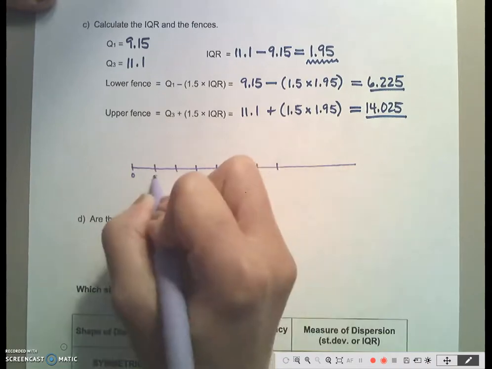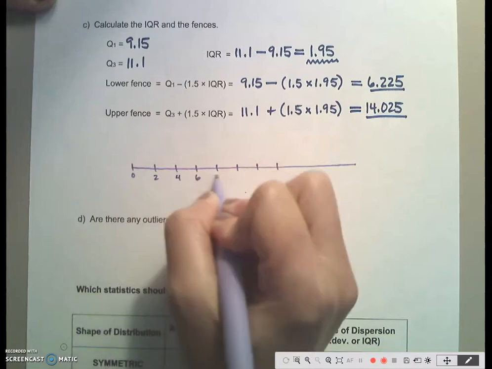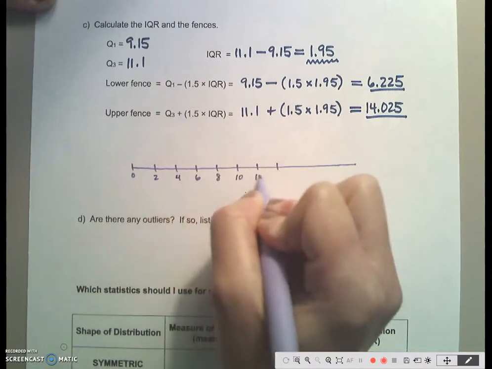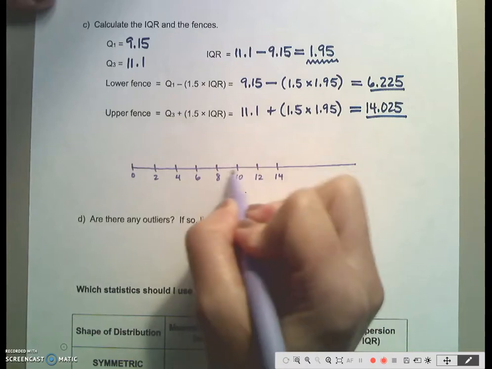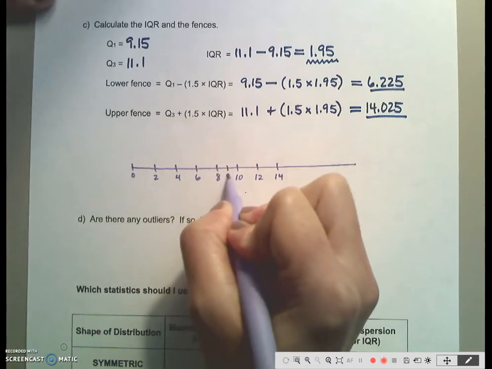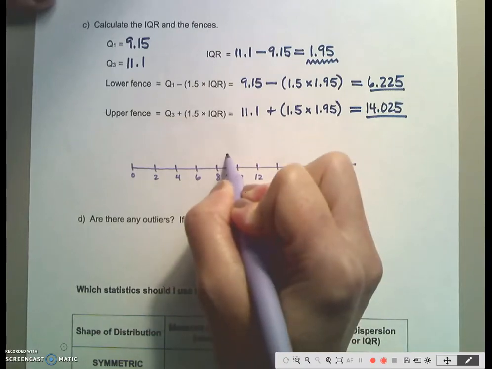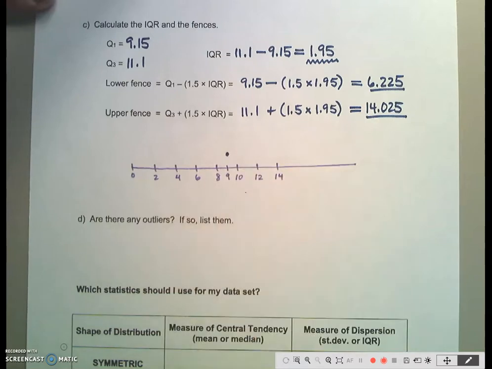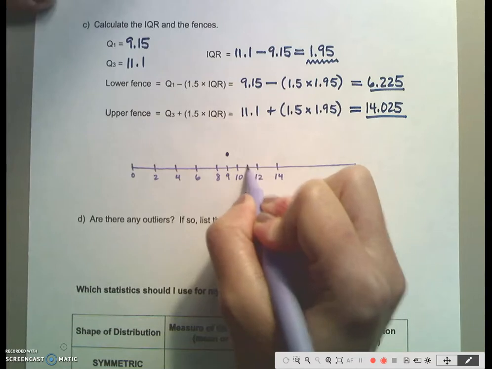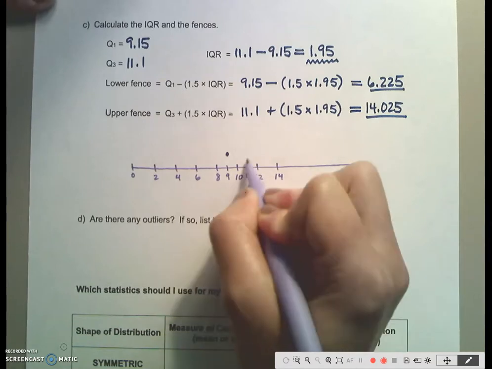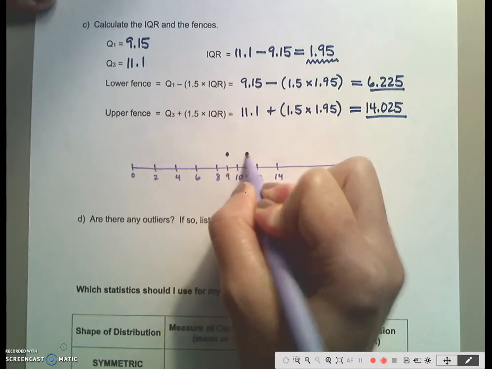I'm going to count by 2s. All right, if we want to look at the Q1 and the Q3, 9.15, let's see, 9 would be here. So 9.15 is just right about there. That's Q1. And Q3 is 11.1. So there's 11.1, so just right in there.